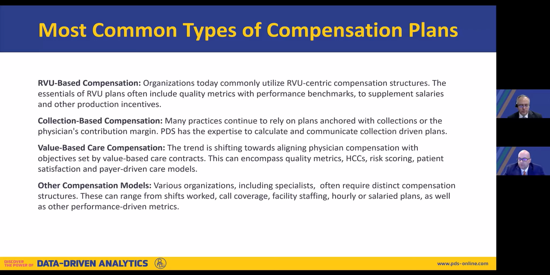And so you have these hybrid models that can have a number of different factors that come into play. And really all that does is make the reporting a little bit more difficult because you're now having to pull data from even more disparate data sources in order to get accurate information.